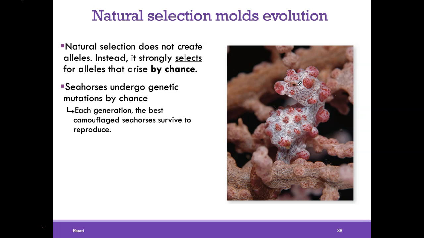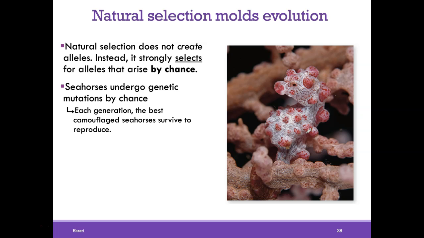So now that this seahorse survived long enough, it's going to reproduce. And sure enough, the offspring will also have this pink protrusion. And in fact, the more pink protrusions a seahorse had, the more likely it was to survive in this pink coral environment. Thus, only the seahorses with a lot of pink protrusions would camouflage long enough to survive and reproduce and pass on those pink protrusion genes to the next generation.